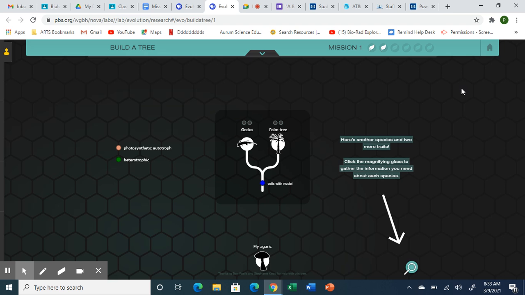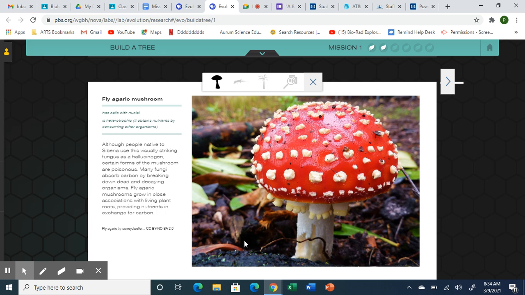Click the magnifying glass to gather information. So if I click the magnifying glass, I want to know about this fly agaric mushroom. So let's look at the fly agaric mushroom.